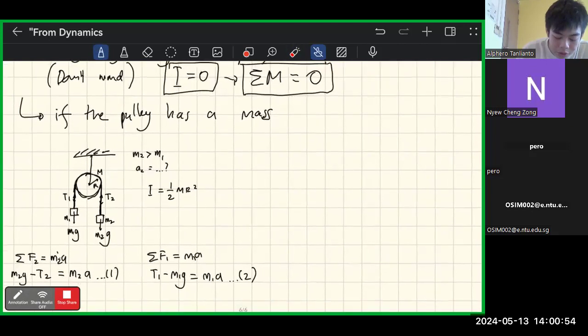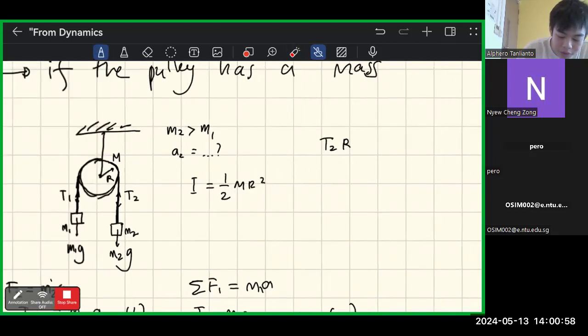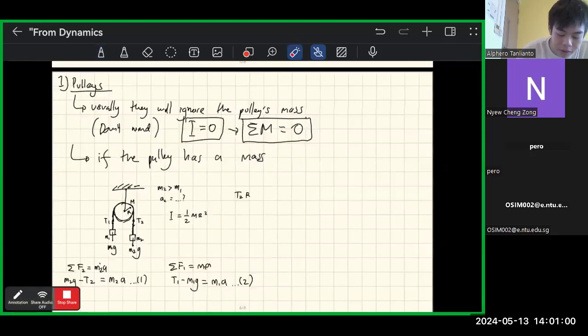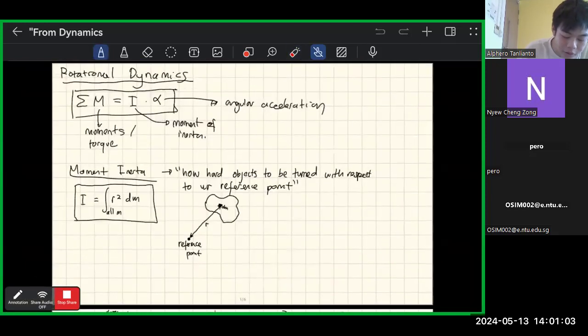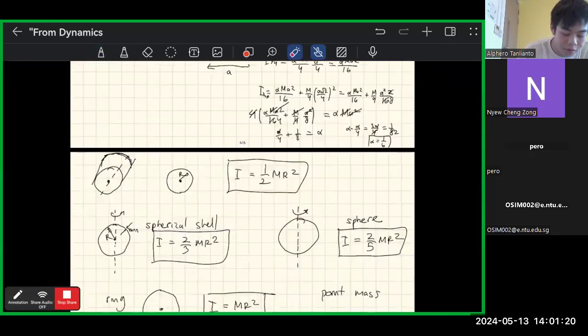And for our pulley, we have T2R. I haven't mentioned that the moment or torque is the force times the R, but the force and the R have to be perpendicular.